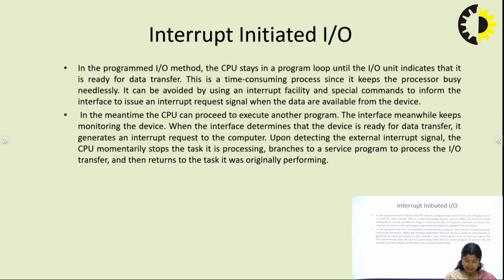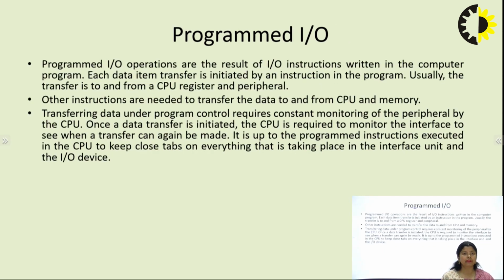And the second: in programmed I/O, actually what happens is that when the peripheral device is sending the data to the memory, there is a processor as mediator. So, programmed I/O sends data to the CPU and then to the memory.